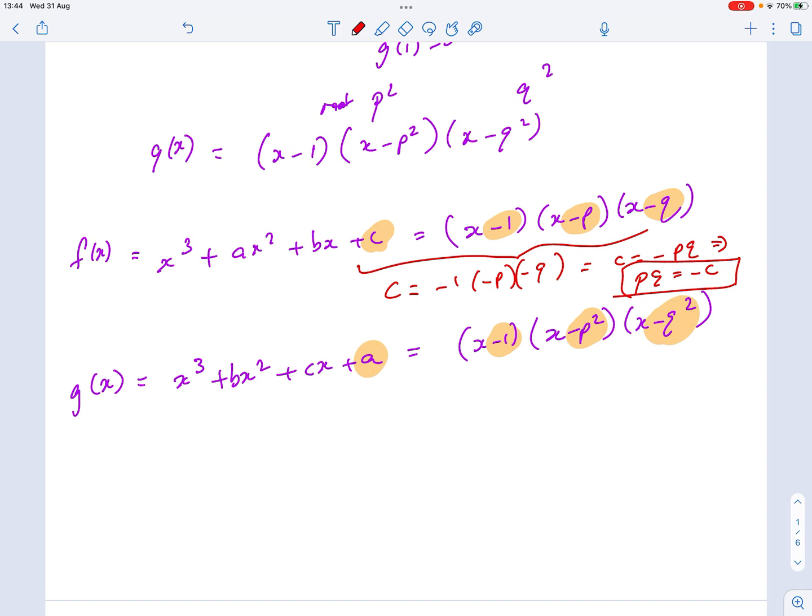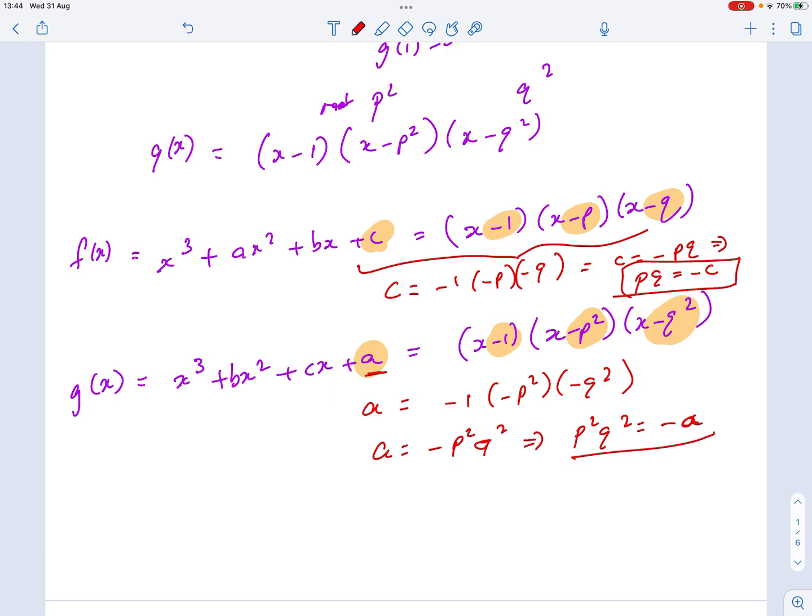On the other hand, the constant here is minus 1 times minus p squared times minus q squared, which is a equals minus p squared times q squared. Therefore p squared q squared equals minus a. I'm hoping this is good so far.